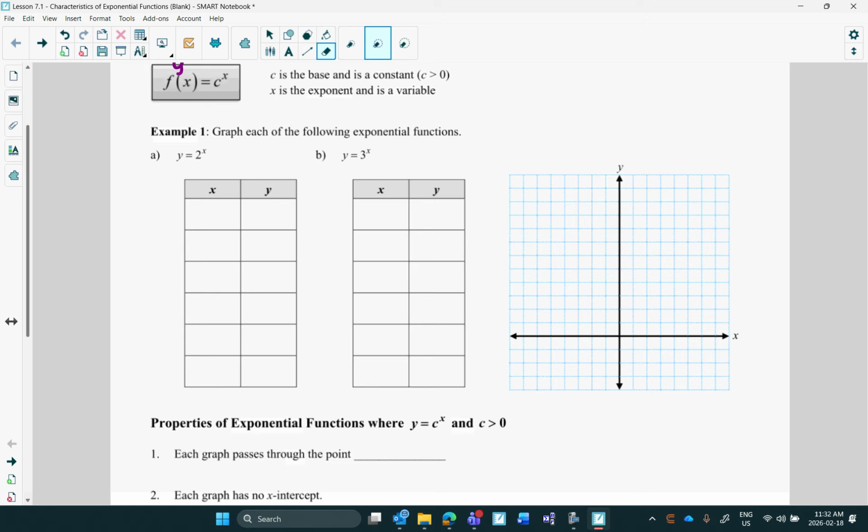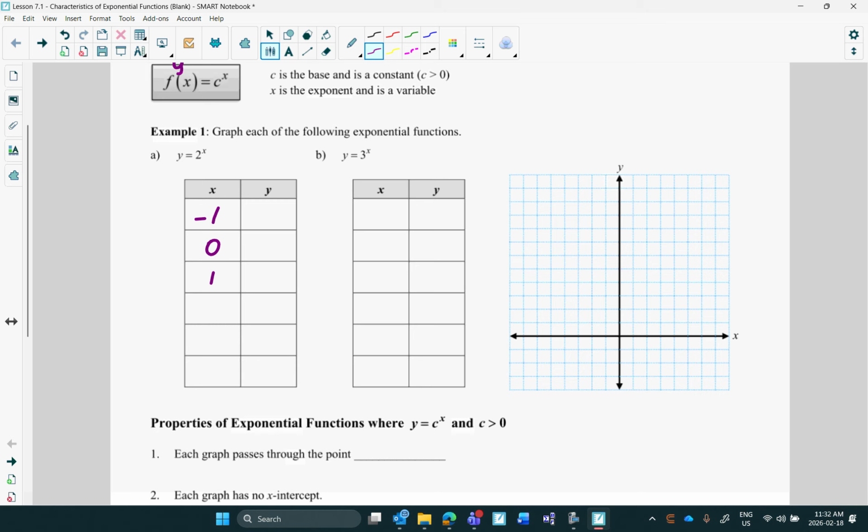So for y equals 2 to the x, I'm not going to use all of these. I'm just going to use negative 1, 0, and 1. We could use more, okay, to get us a better idea, but this should give us a good enough idea of what the shape's going to look like.